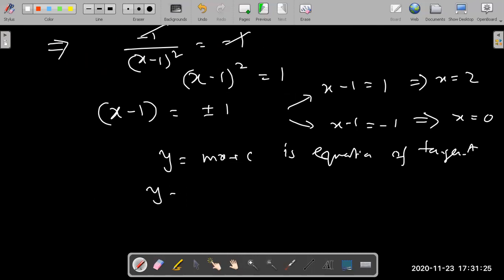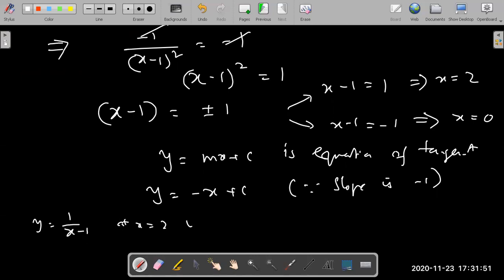In this case y is equal to minus x plus c since slope is minus 1, and we equated the condition for slope minus 1, x is to be 2 or x equal to 0. Since y is equal to 1 by (x minus 1), when x equal to 2, y is equal to 1, and x equal to 0, y is equal to minus 1. So the 2 points are (2, 1) and (0, minus 1).